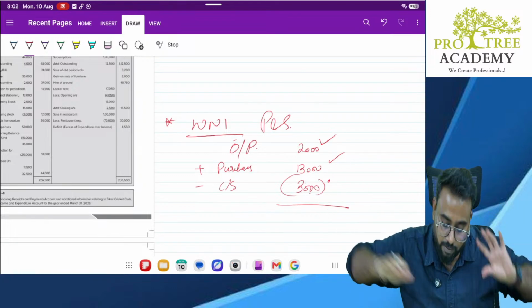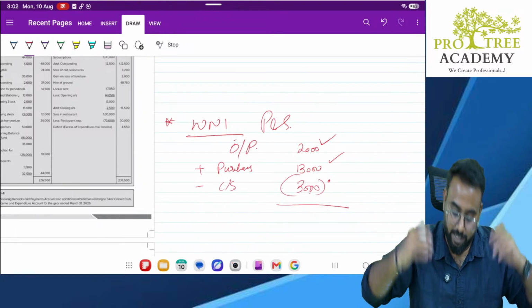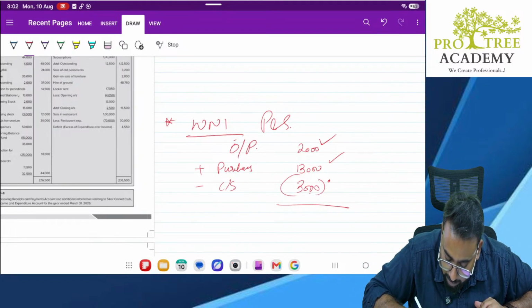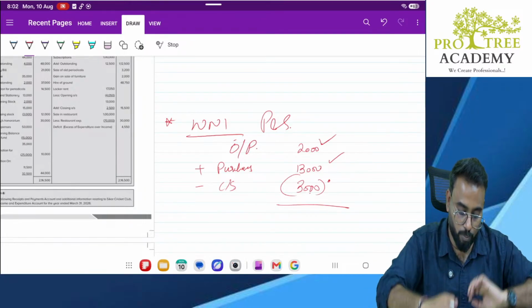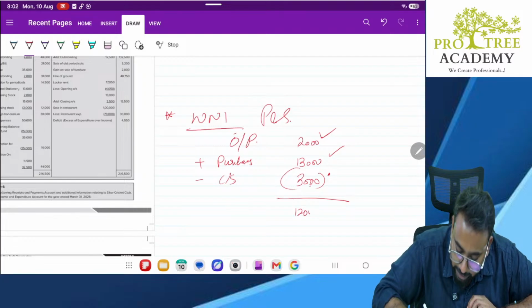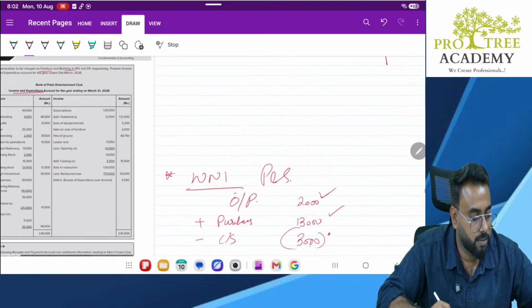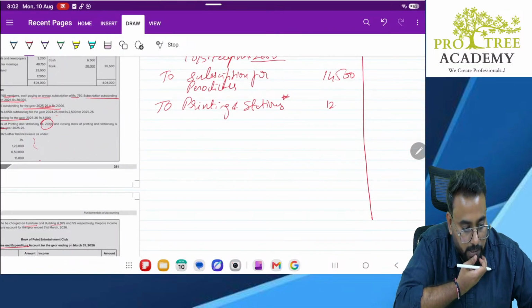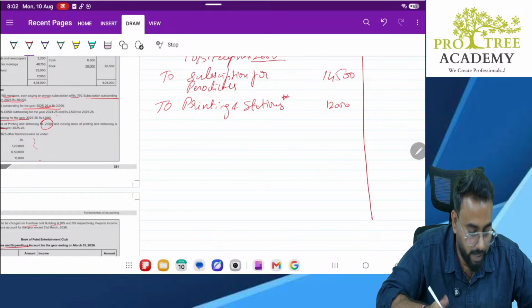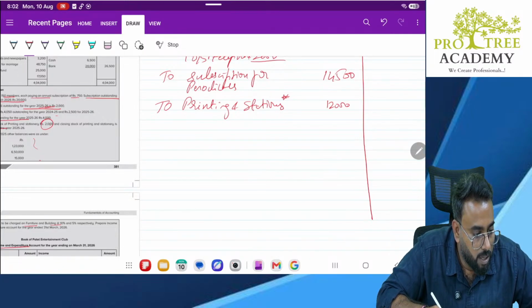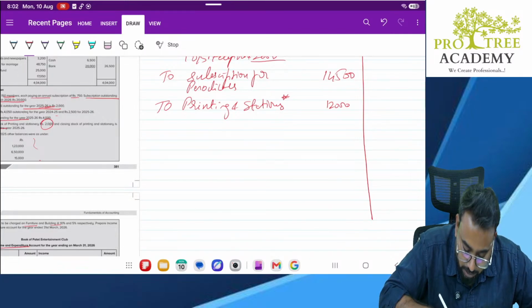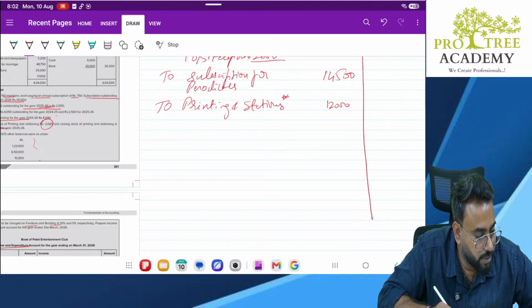Out of that, how much is left? 3,000. Remaining, what happened? Spent. So the remaining is nothing but spent. So 12,000 is consumed. Okay. So printing and stationery, 12,000. Clear? Next. Sports expenses. To sports expenses.